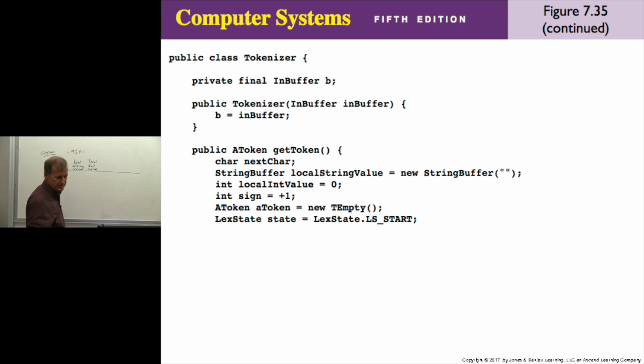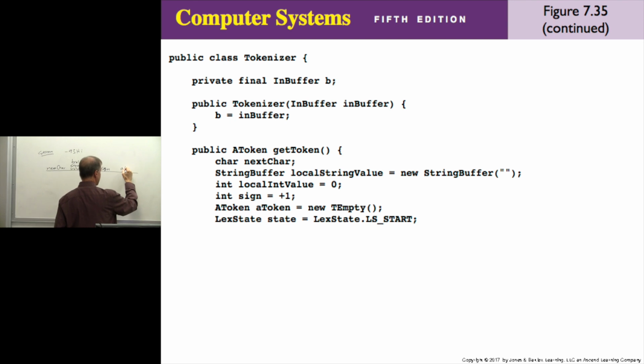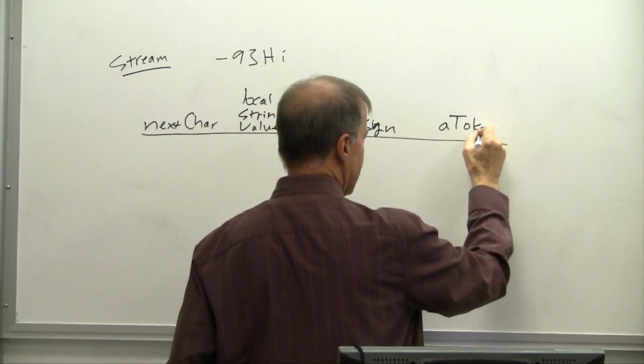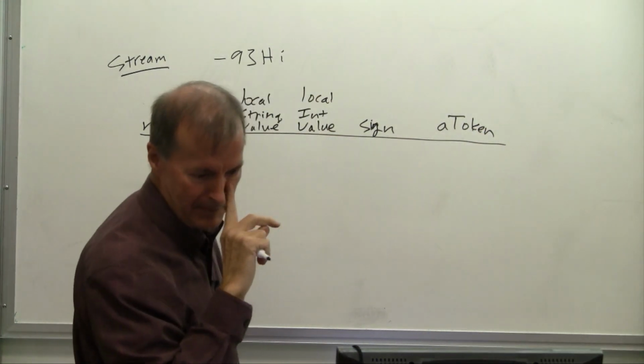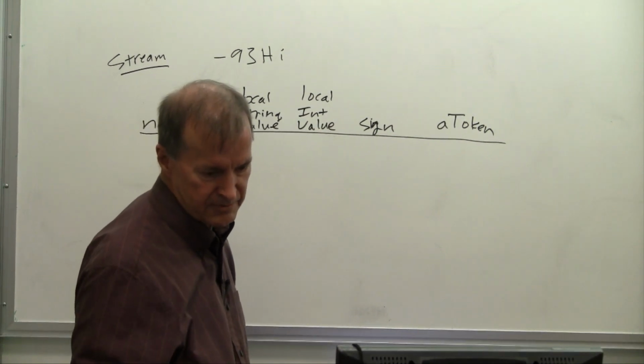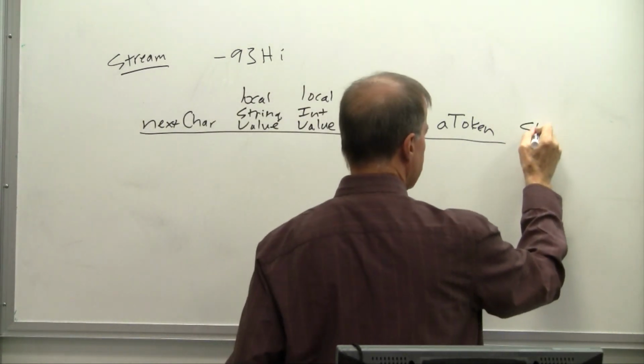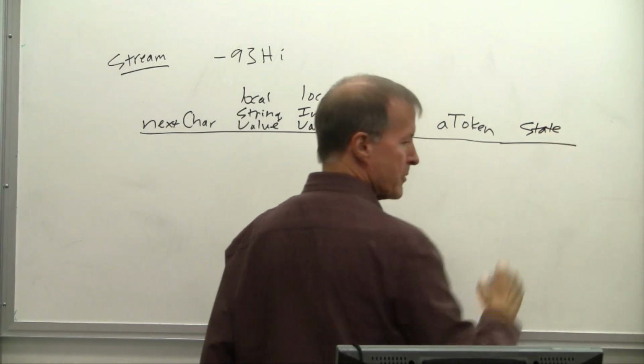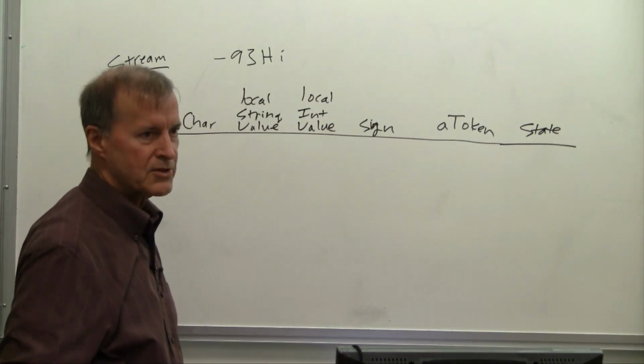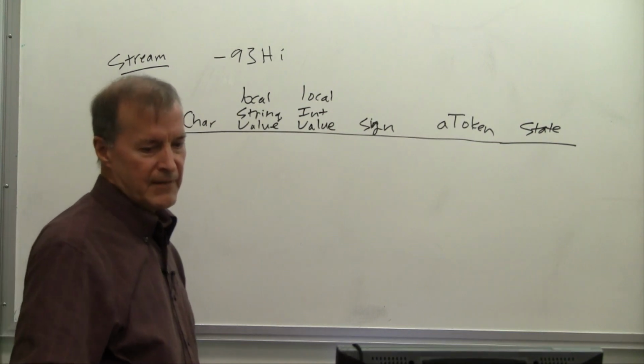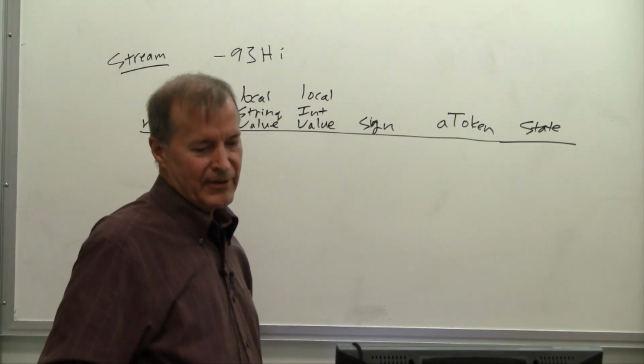And what's the next one? Sign. Now some of this stuff should look familiar, right? Because it's going to work the same way we did it with some previous examples. And what's the next one? A token. I'm not going to know how to write that down, but we'll take a stab at it. And what else? State. Is everybody clear? So this is what the Tokenizer has to work with.